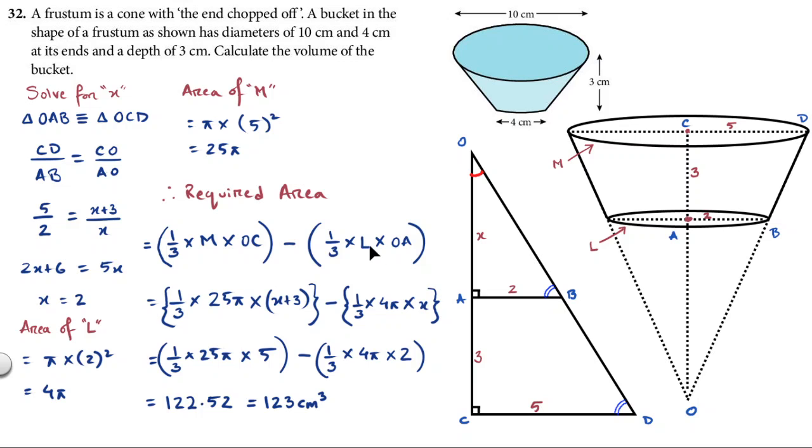And 1 by 3 into L into OA. 1 by 3 into L is this area into OA. OA was x. We got the value for x is 2. So if you deduct the volume of the smaller cone from the bigger one, then you get the volume for the frustum, which is 123 cm cube.